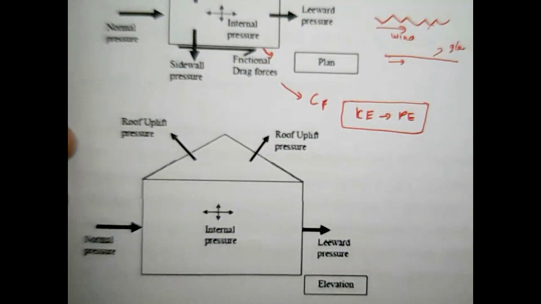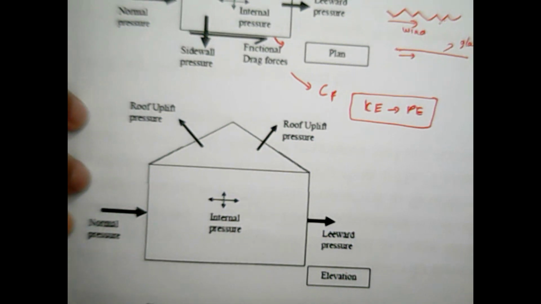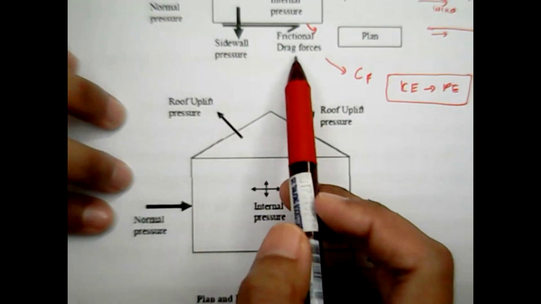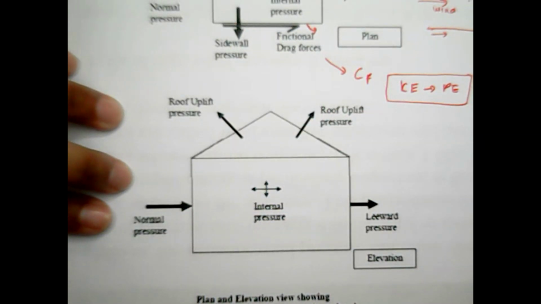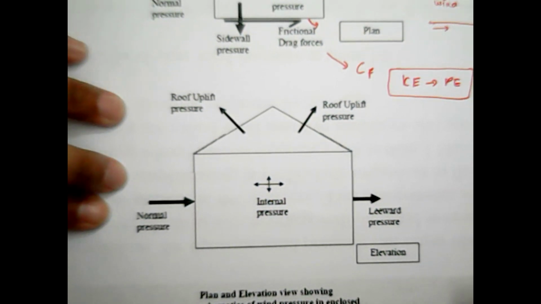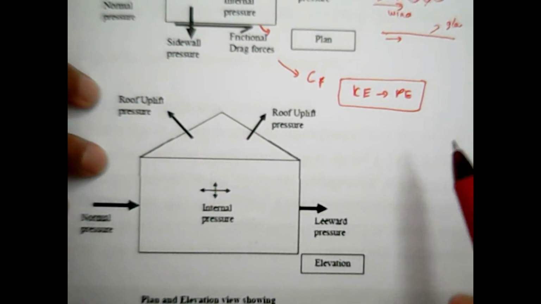So there are many factors that influence the external pressure coefficients and drag coefficients. All these factors are combined together and collectively called the aerodynamic shape factors.